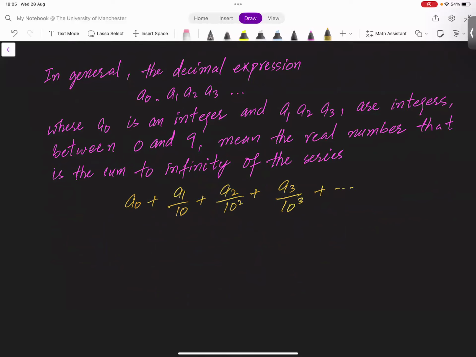With this understanding, we obtain the next result, which gives us the convenient decimal notation for all the real numbers.